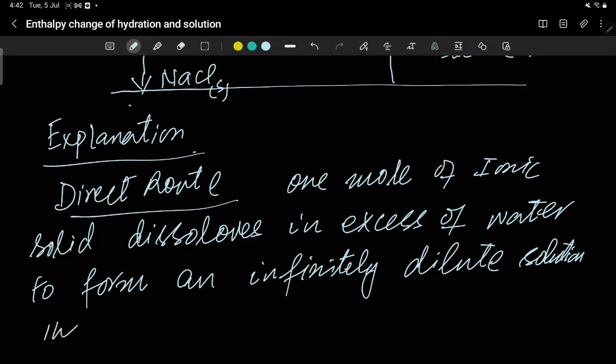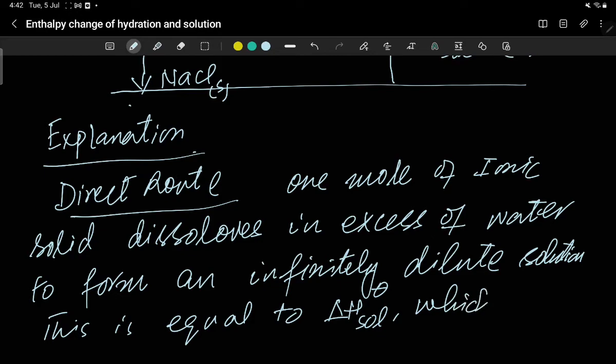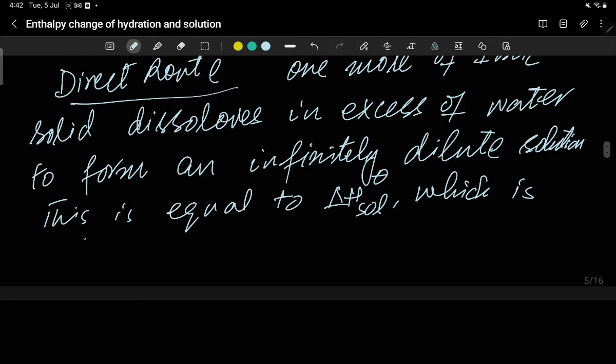And this is equal to delta H solution, which is endothermic.